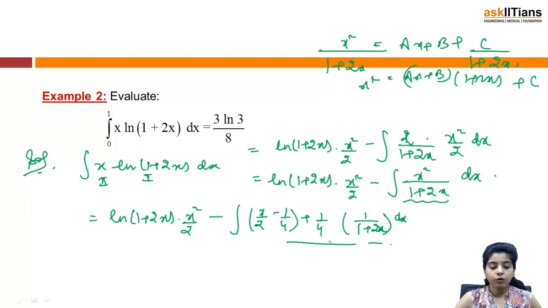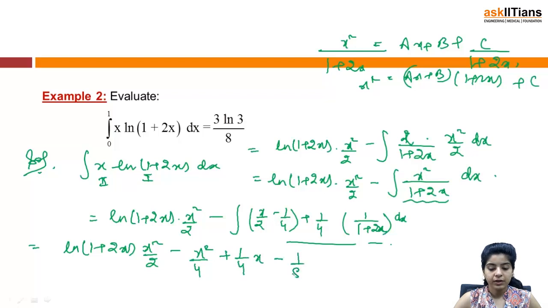You will get it in this form, and so this can be easily integrated now. So I have ln of (1 plus 2x) into x square by 2 minus, now this becomes again x square by 4, right. I am integrating this term, then I have plus 1 by 4 x, then I have 1 by 8 ln of (1 plus 2x), right.